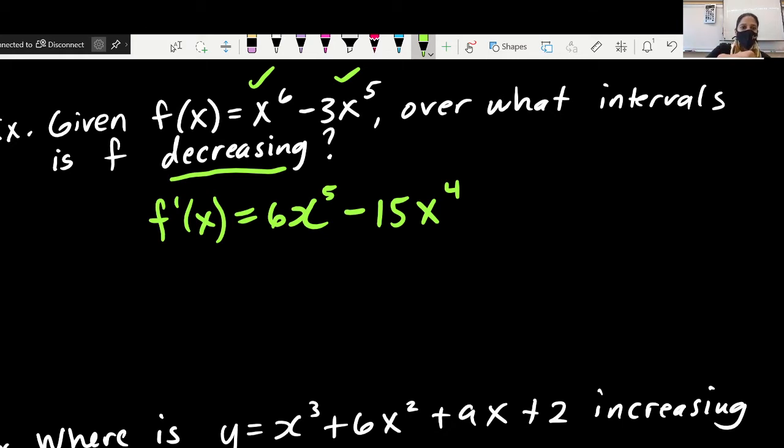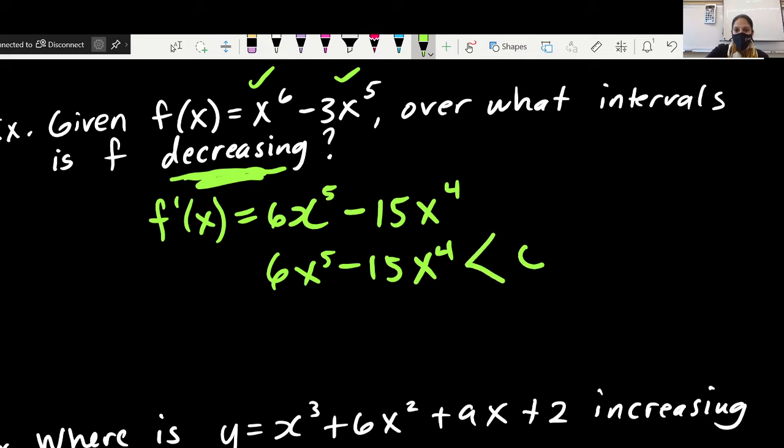If it is decreasing, then I would set it less than 0. So I take the first derivative like I did here. We know that that's what it would be when we take the first derivative. And then we want to know where this is less than 0. That's what it's saying if it's asking us when it's decreasing.